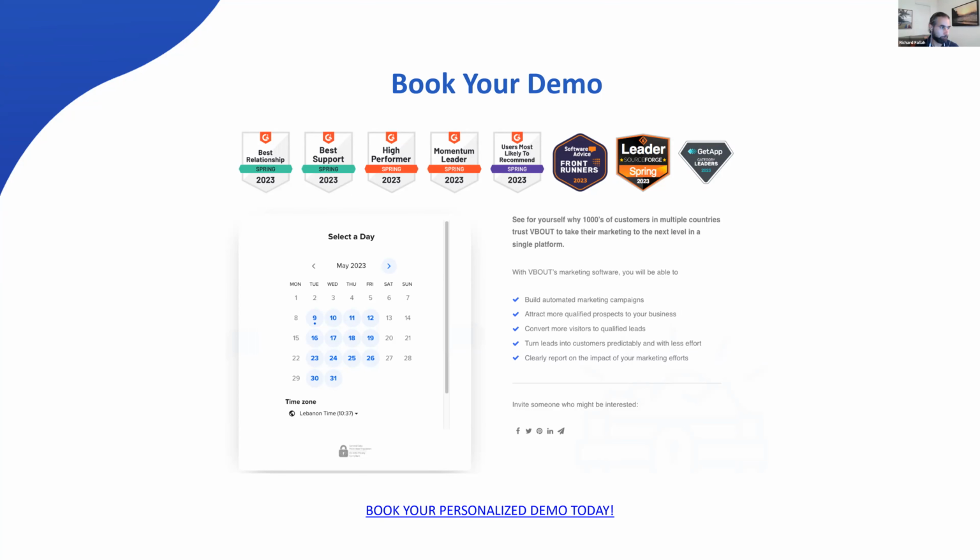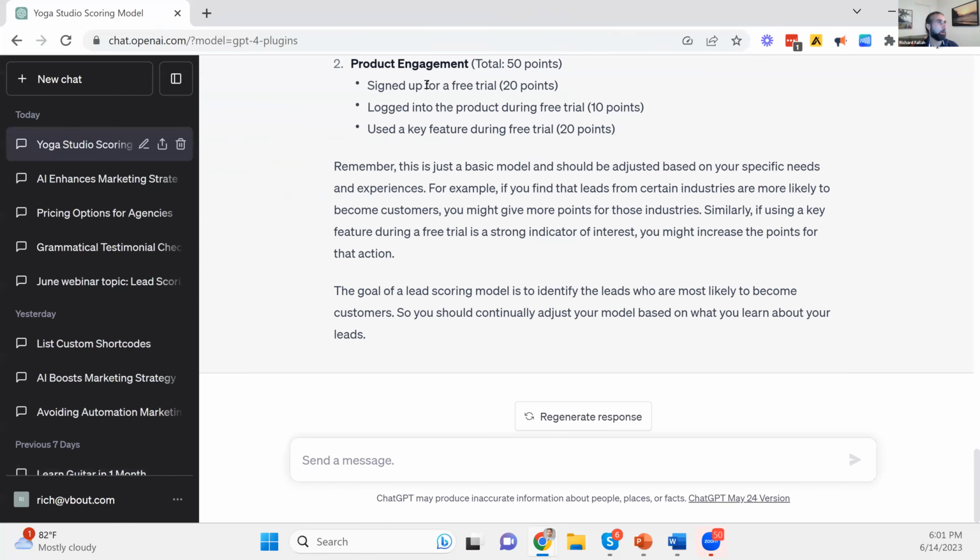One of the biggest things we have this year is that we are implementing a lot of AI. So I can just generally get a prompt going right here, for instance. I can start a new chat. I can go to my plugins and you can see VBOUT installed.